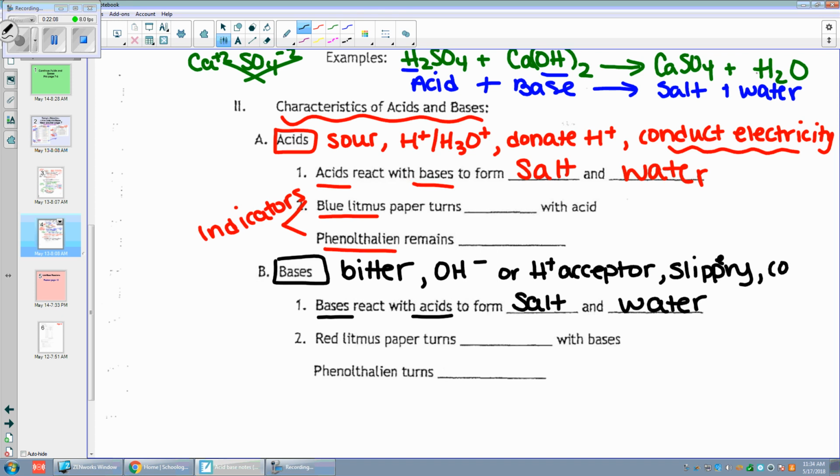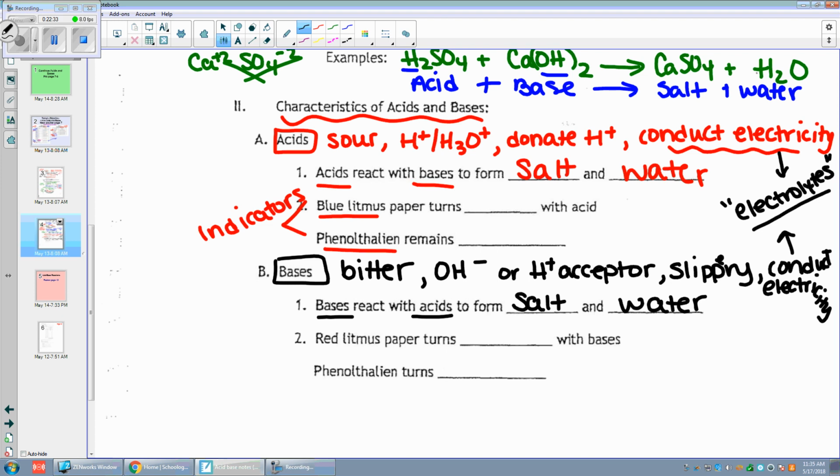And they conduct electricity. Sorry, I'm running out of room. They conduct electricity. I should probably also say right here, if I'm saying that these things conduct electricity, these are called electrolytes. You should have heard that word probably before, electrolytes.